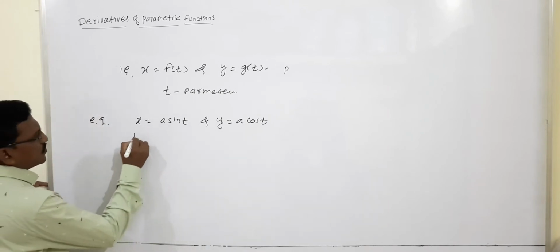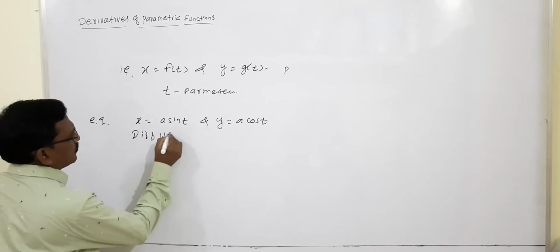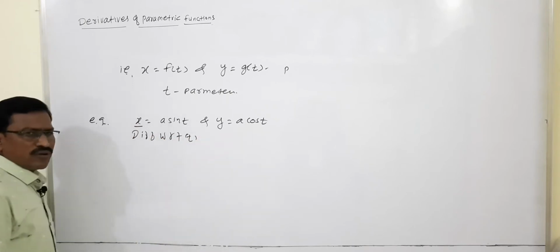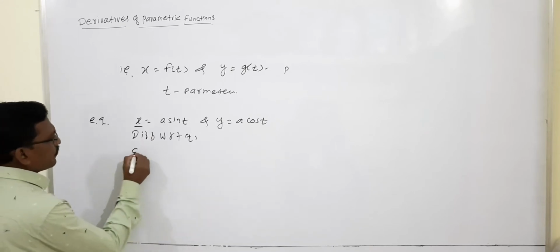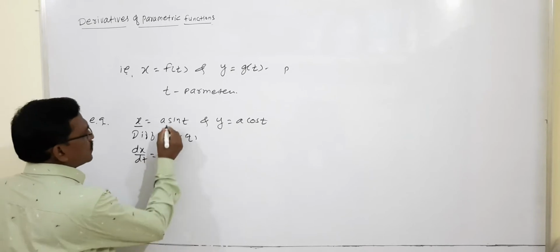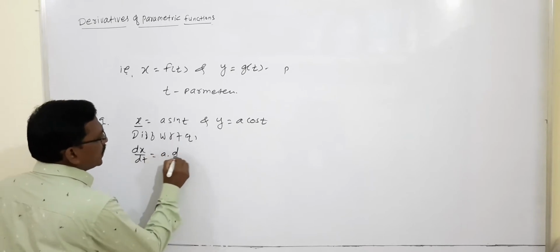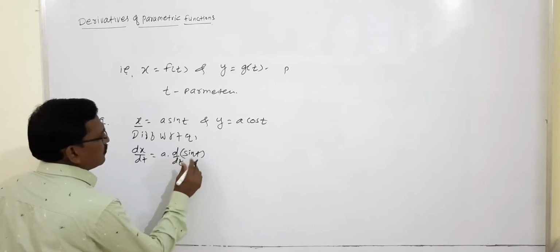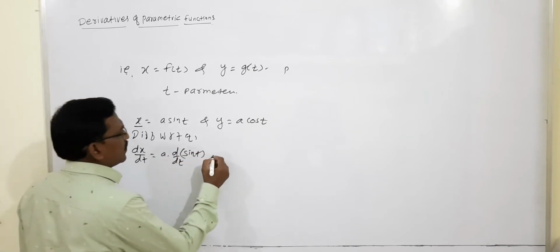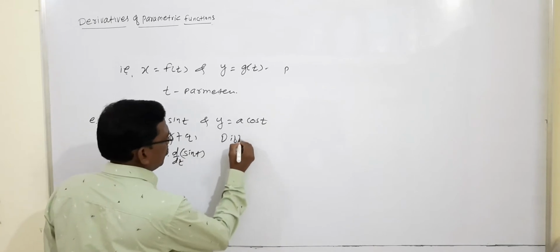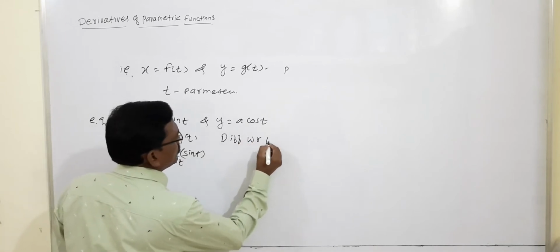So the derivative of x with respect to t, dx by dt, is equal to a into the derivative of sin t with respect to t.